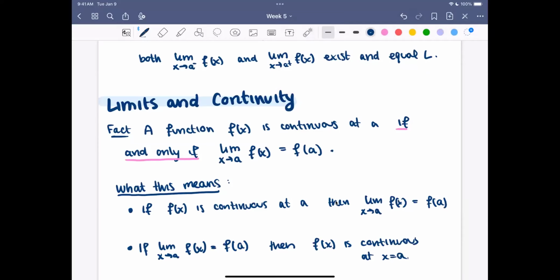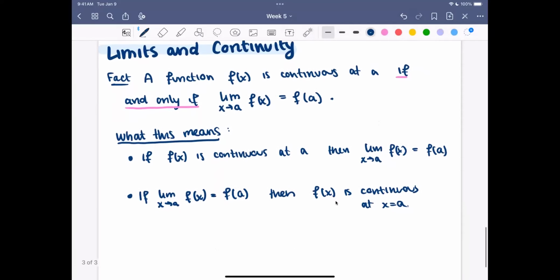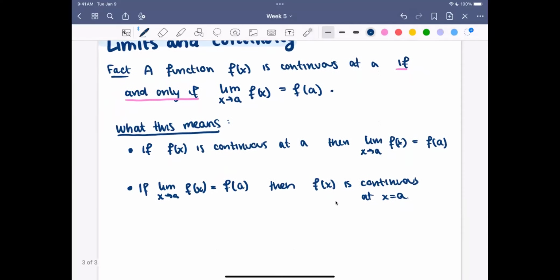So maybe let's just check this statement on some examples that we've looked at.